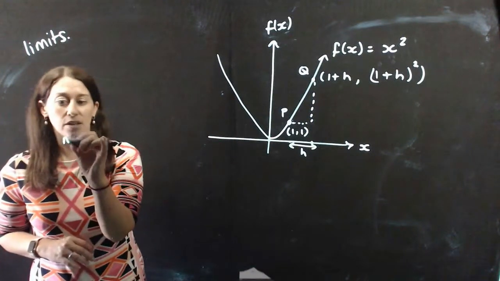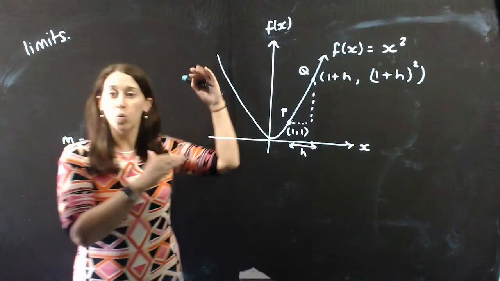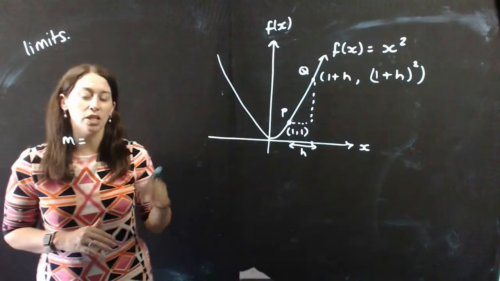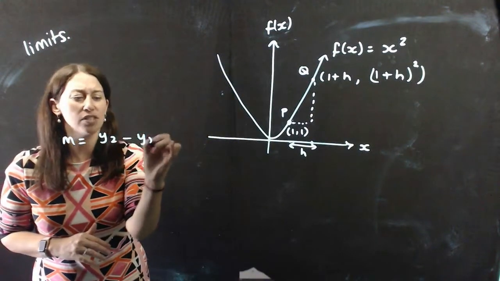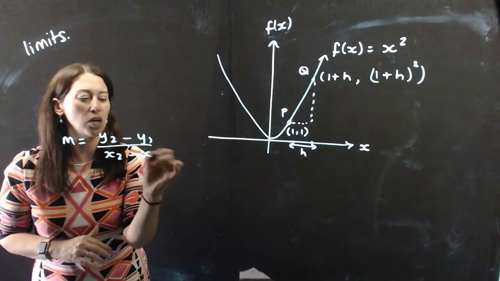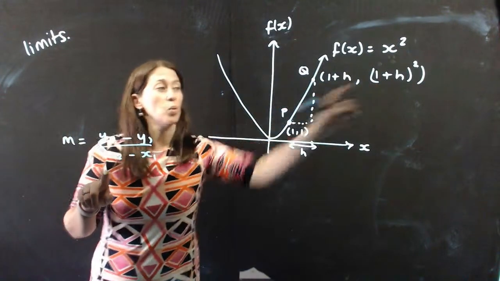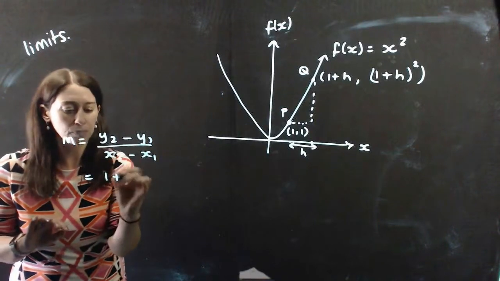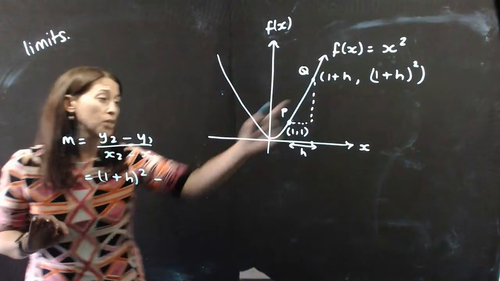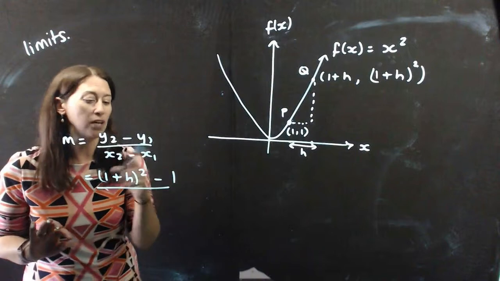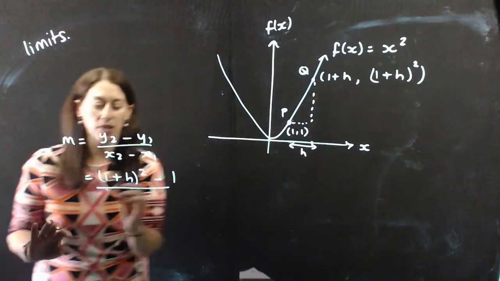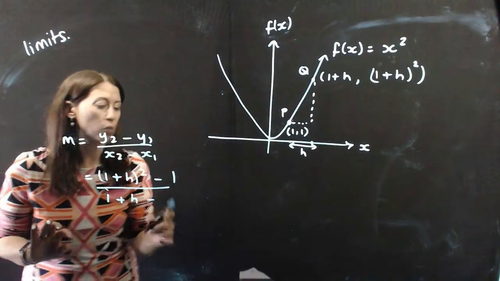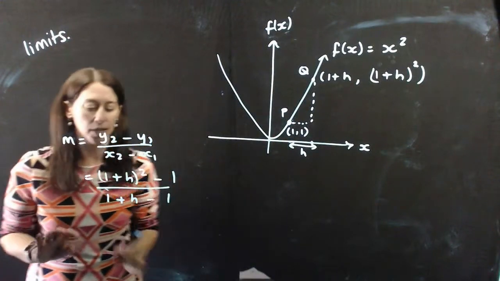The gradient, I sometimes use m, is the difference in y, so y2 minus y1. I'll write that down anyway, just in case you haven't done this for a while. So y2 is (1 plus h) squared, and y1 is 1, over x2, which is 1 plus h, take away x1, which is 1.